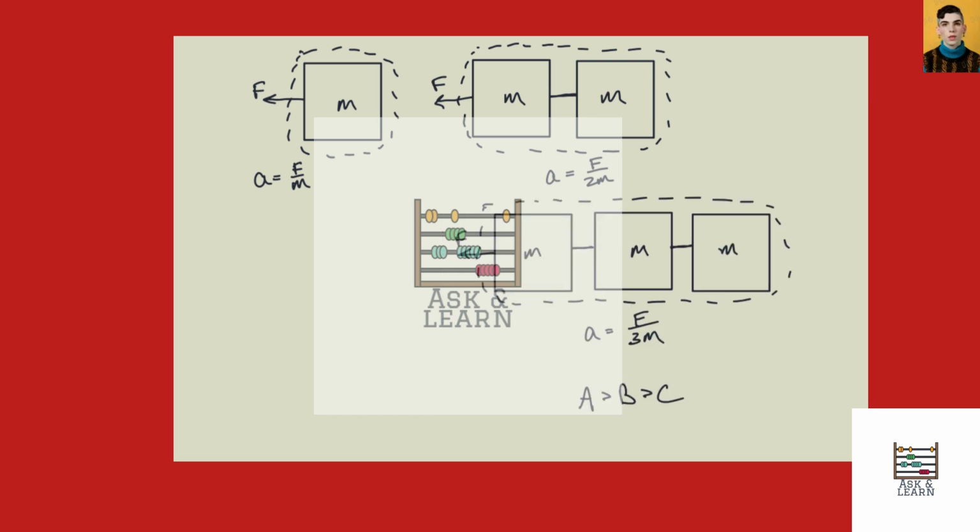In the third case, we have the force acting on three boxes, each with the same mass. So we know that the acceleration is F over 3m, which says that the acceleration of A is greater than the acceleration of B, which is greater than the acceleration of C.